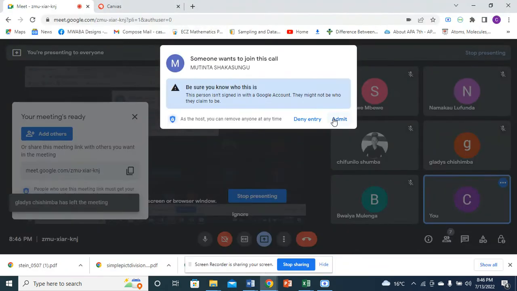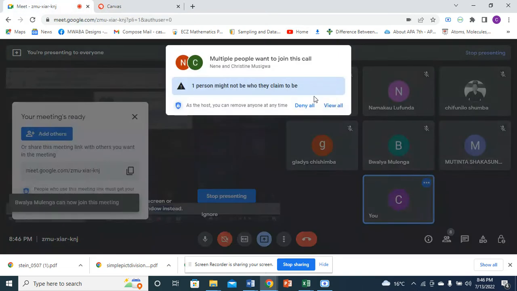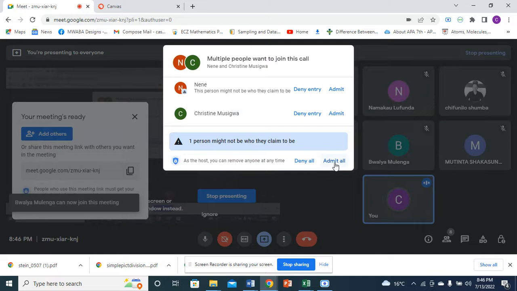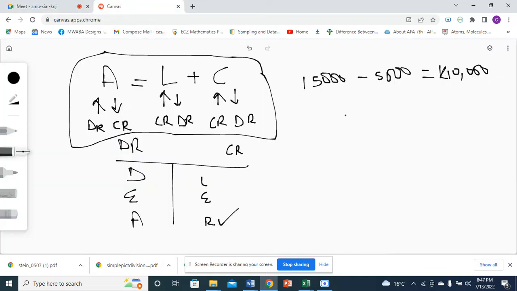You're going to get 10,000. Since the entry was undercast, we need to add 10,000 to both accounts so that we can get the correct figure.